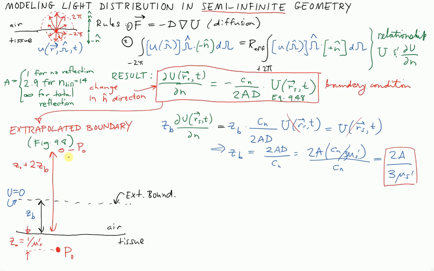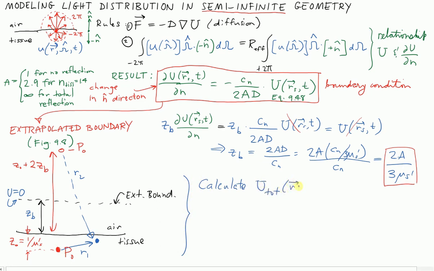We're basically done. If we want to know what the energy density is anywhere in this tissue, I just have to calculate this distance, R1, and this distance, R2, and add up their solutions for the infinite geometry solution, which we have already seen in a previous tutorial. So let me emphasize that again. This geometry allows us to calculate U total at any location in the tissue.